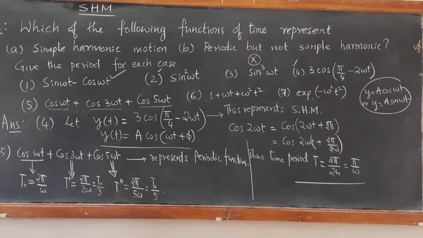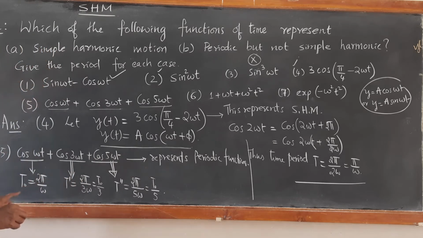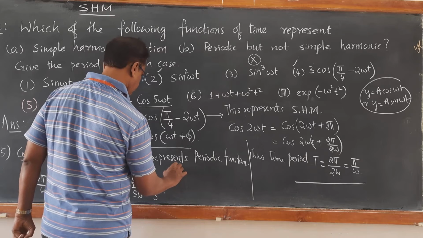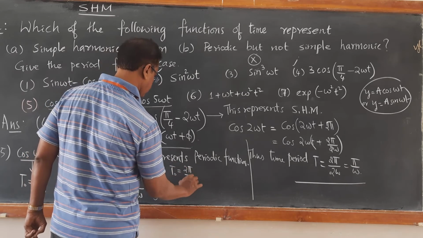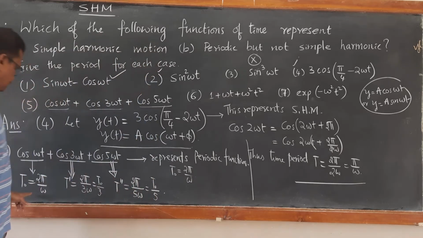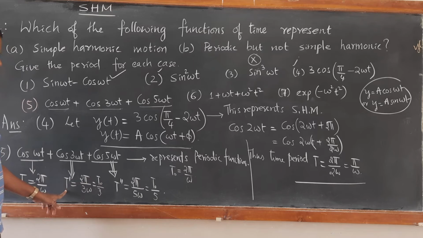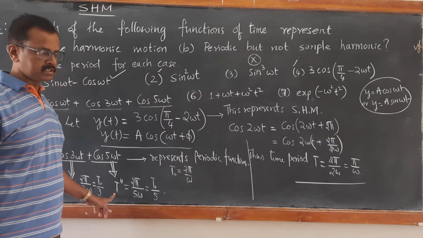Therefore, this is again representing a periodic function with a minimum time period. The minimum time period t naught is equal to 2 pi by omega, because t dash can be expressed as t naught by 3, so t naught is equal to 3 times t dash. Here t naught is equal to 5 times t double dash.